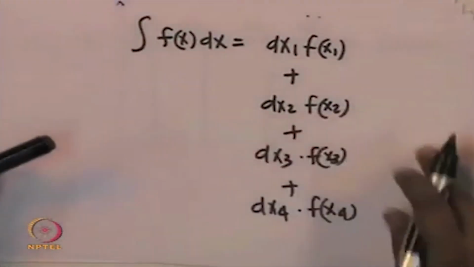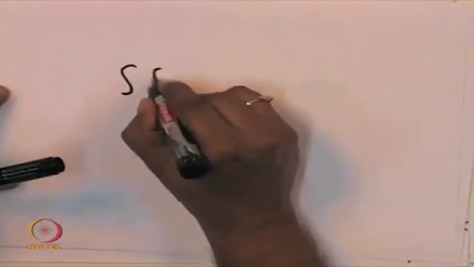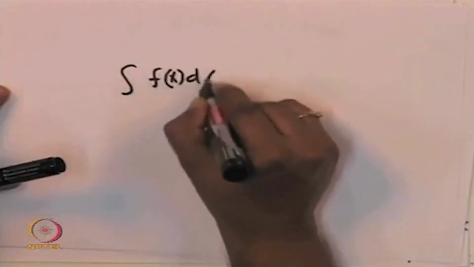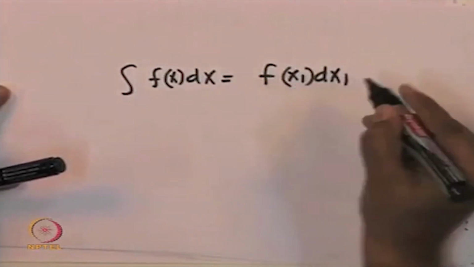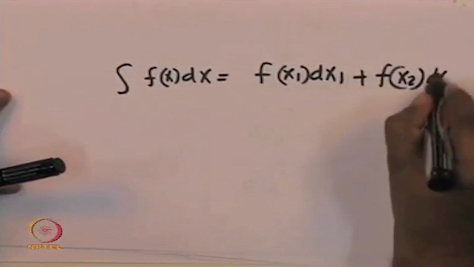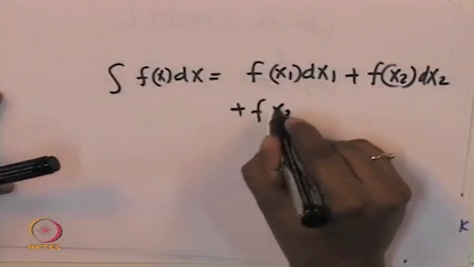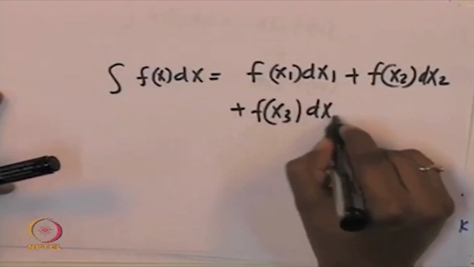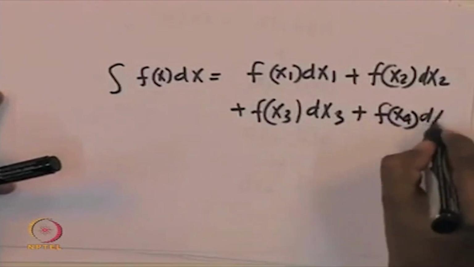So, this is integral f of x dx. We said that integral f of x dx is f at x1 dx1 plus f at x2 dx2 plus f at x3 dx3 plus f at x4 dx4.